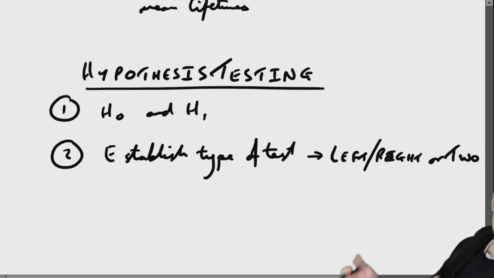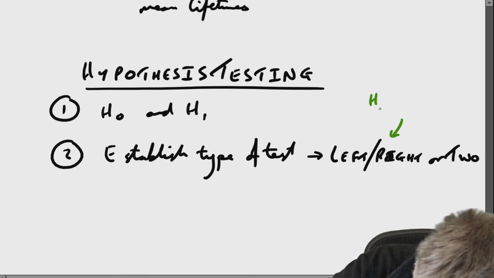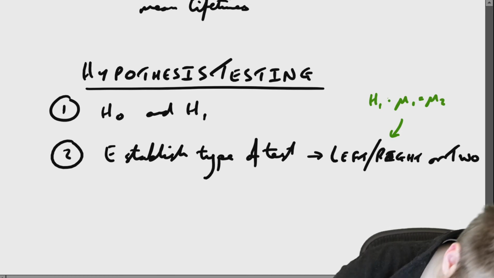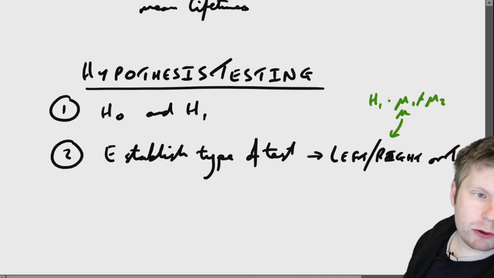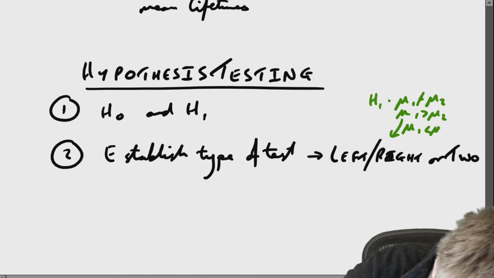Remember, you work that out from the alternative hypothesis. If H1 is that mu1 is not equal to mu2, that's a two-tailed test. If mu1 was greater than mu2, that would be a right-tailed test. And if mu1 was less than mu2, that would be a left-tailed test.